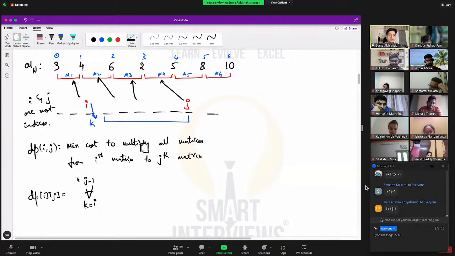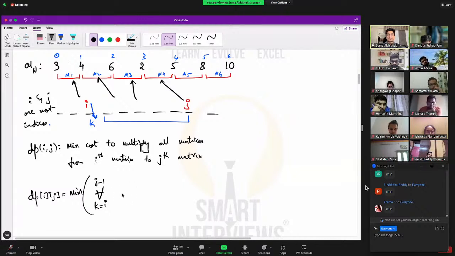Out of all these possibilities that K is looping on, we will take exactly the minimum of all these possibilities. Now let us consider one possibility here.